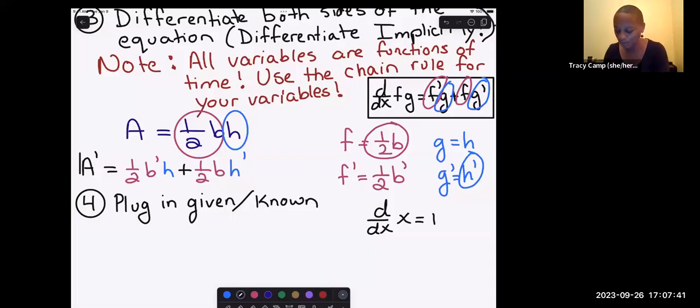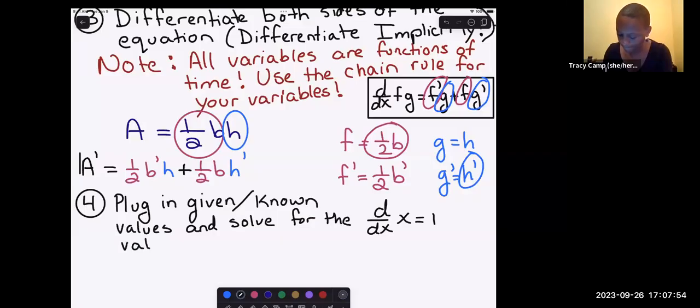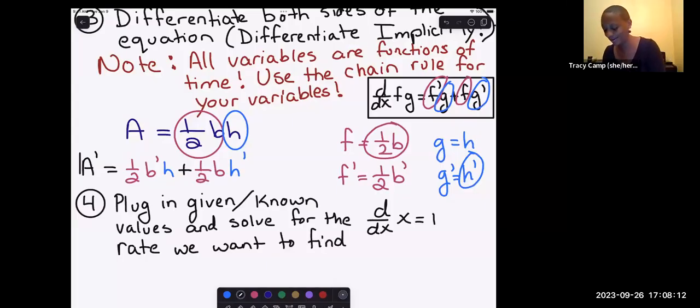So we'll plug in the given values and then solve for the value that we're trying to find. And I should just say that in all of these problems, that value is going to be a rate. So I'm just going to write rate there.